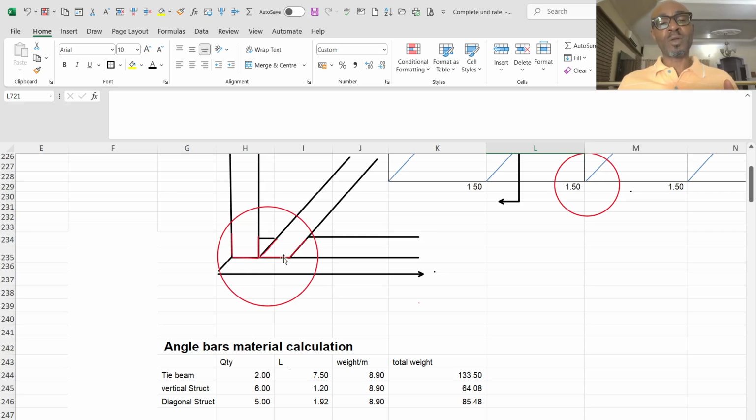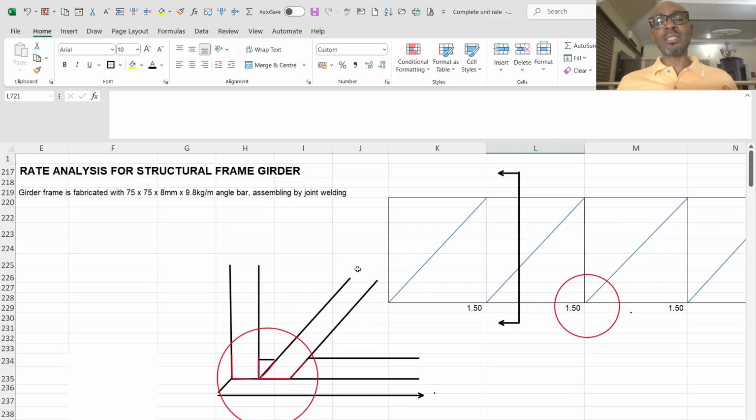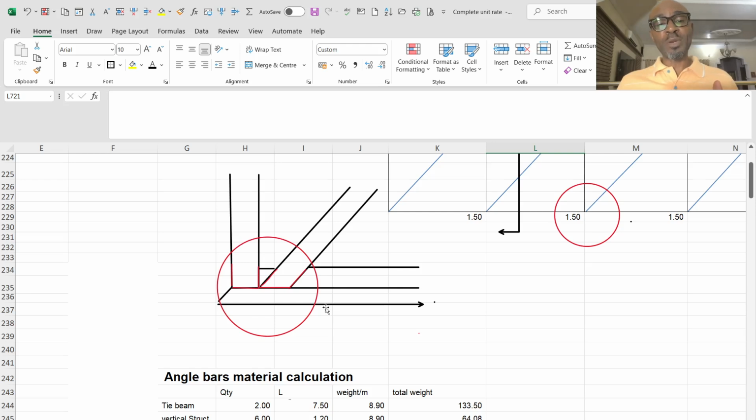So the welding is in 3 locations, and this is repeated in all the joints. I brought this out for us to have an idea of how it's being welded, so when we are calculating the quantity of electrode that will be used for the entire job, you should have an idea how we came about it.